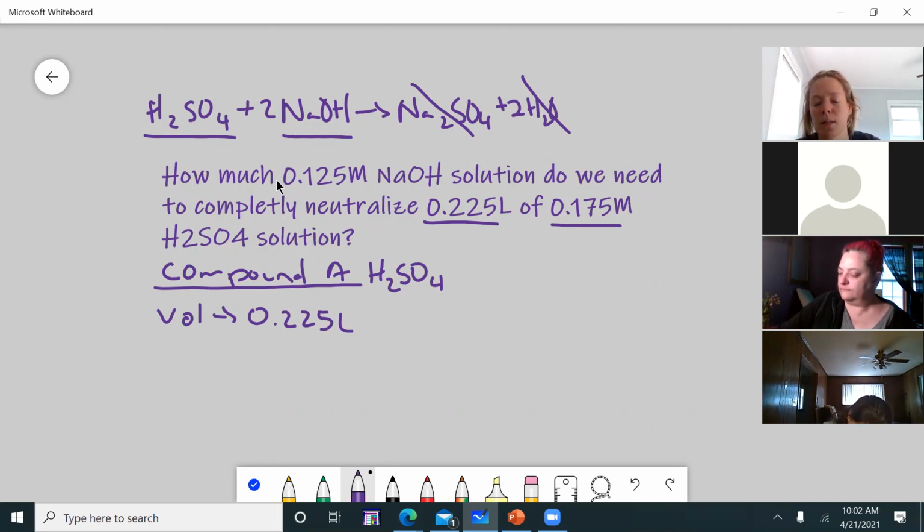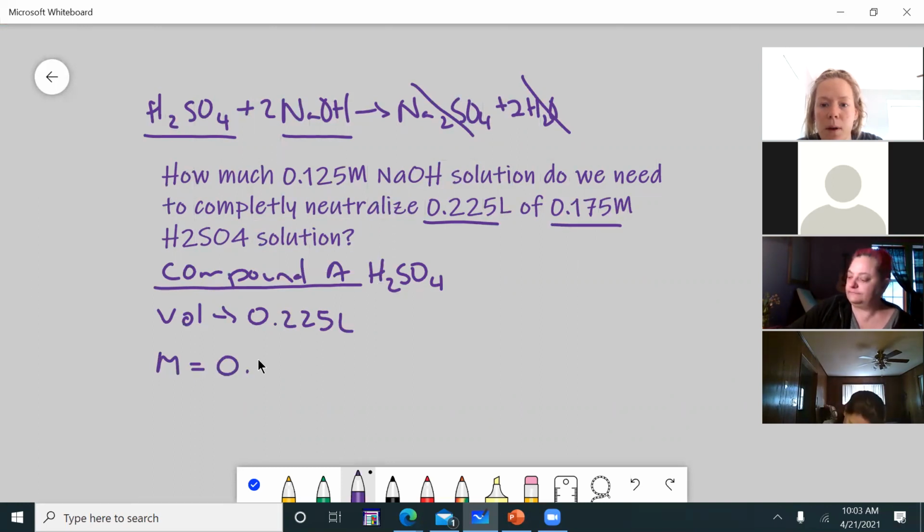When we're doing these problems, we want that in liters. The second thing I've got is its concentration, right? So I know that its molarity is equal to 0.175 big M. Now, for solution stoichiometry, because we're going to be using dimensional analysis, it's not really useful to have it written as one unit.